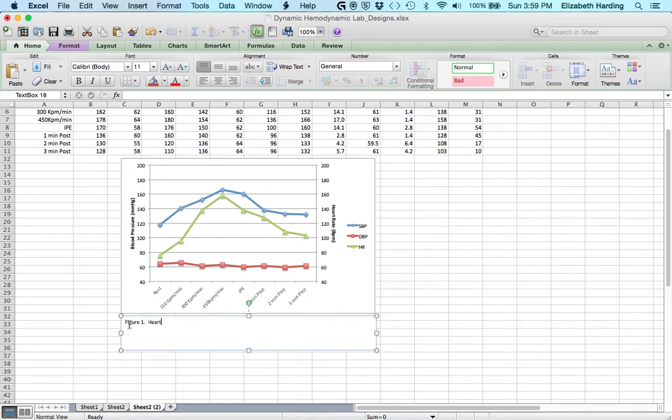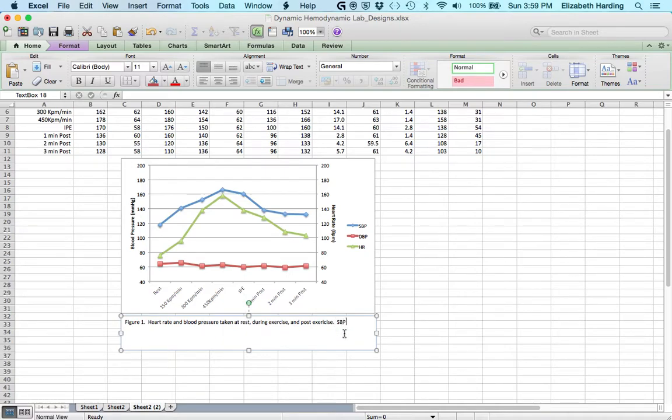So I'm going to say that this is heart rate and blood pressure taken at rest, during exercise, and post exercise. And then I'm going to go through and make sure that my reader knows what all of these abbreviations stand for.